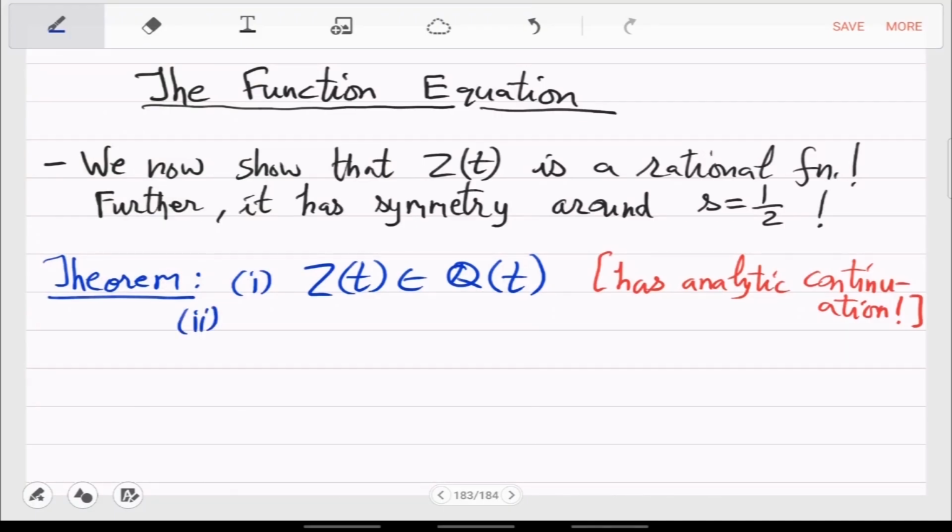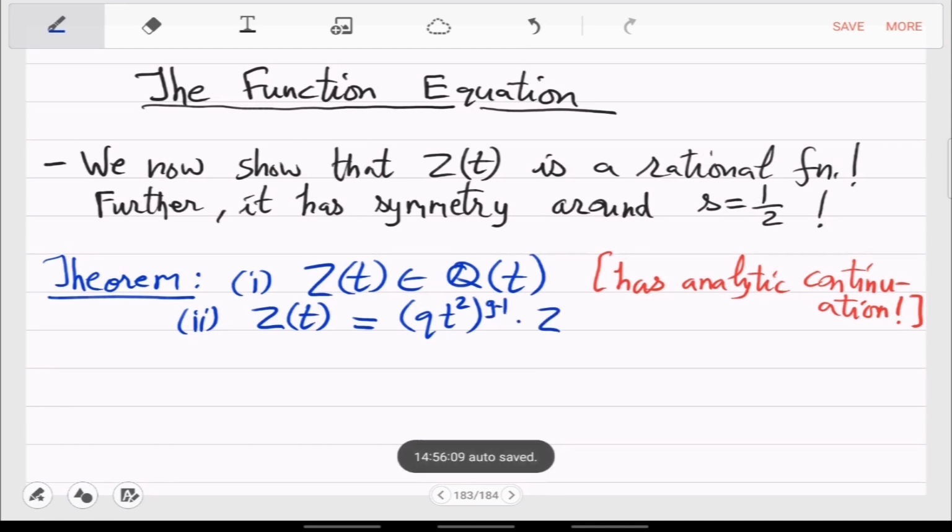And the second thing is very mysterious, that it satisfies this equation. So what this is saying is, you look at Z, you look at the transformation 1 over qt.